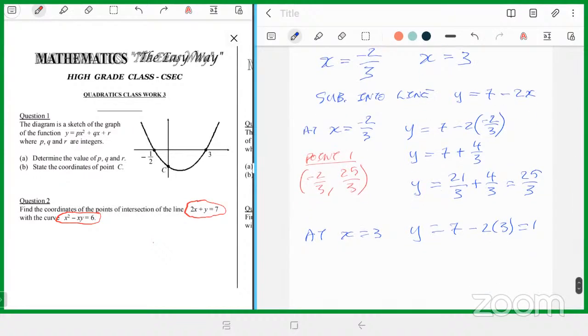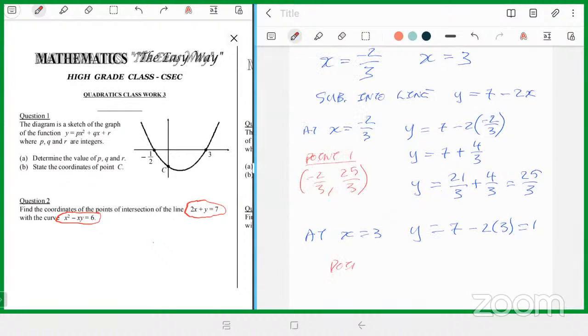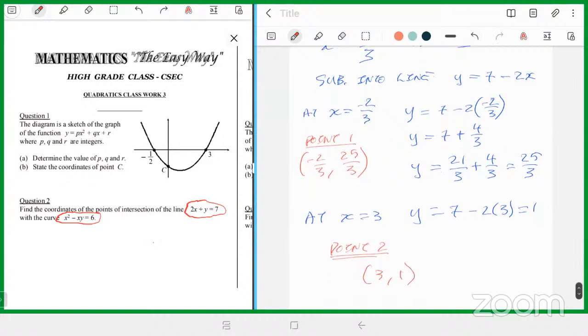And so the second point, let's put it in red, point 2, has this x value, which is 3, and this y value, which is 1. And so these are my 2 points of intersection. This is an answer. That's my second answer. 2 points of intersection of the line and the curve.